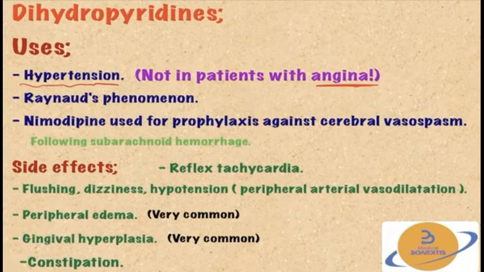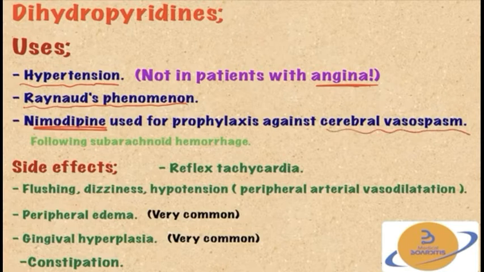So next one is alpha 2 adrenergic receptor agonists. These are centrally acting antihypertensives. So we see the mechanism of these alpha 2 adrenergic receptor agonists.